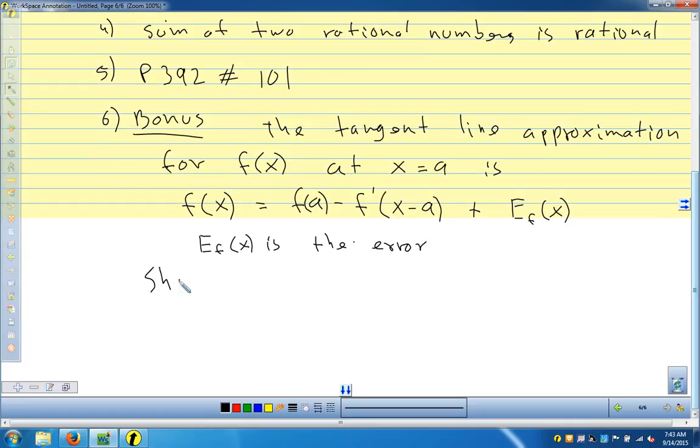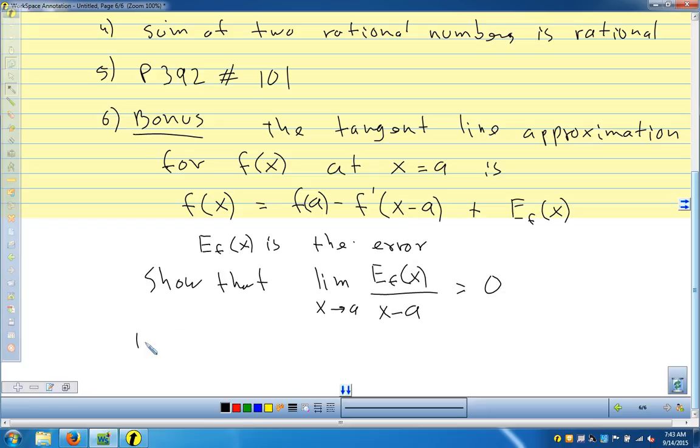We want to show that the limit as x approaches a of e sub f of x over x minus a equals 0.